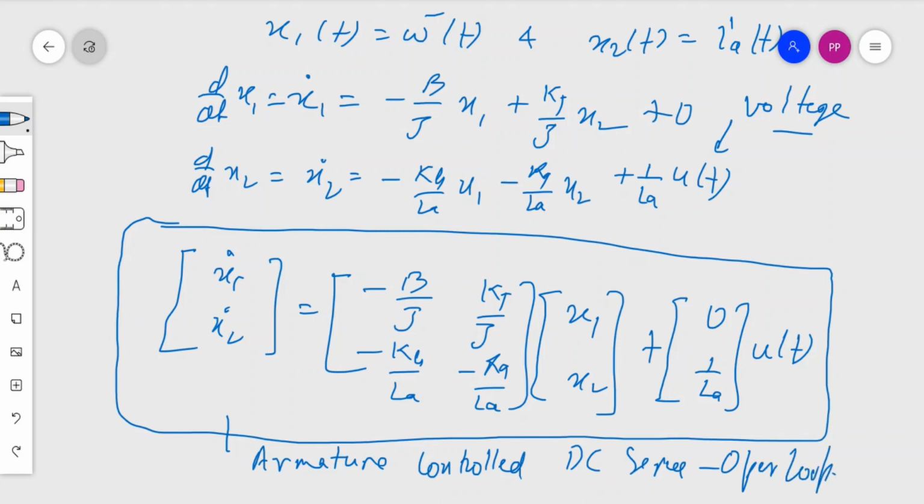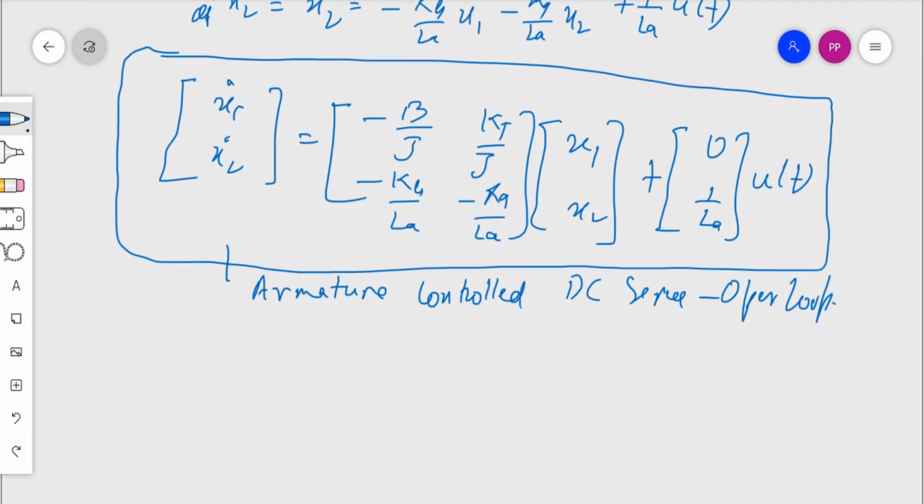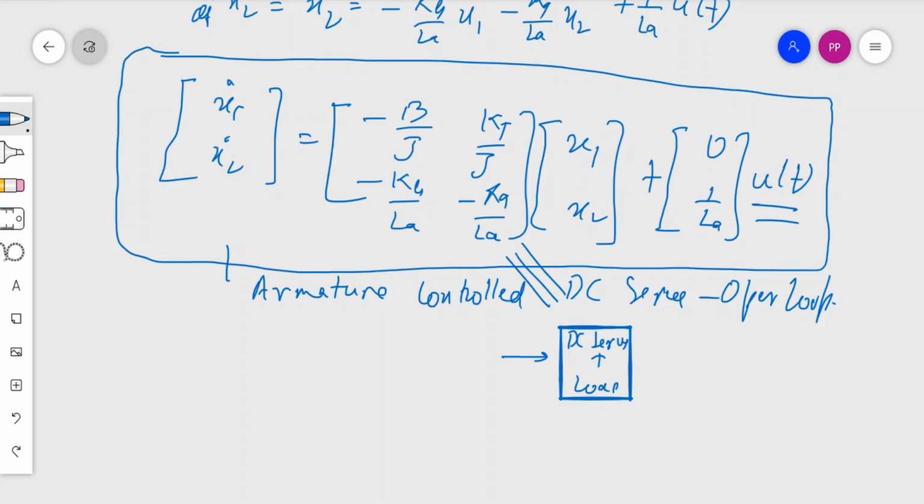You have to be careful about it because in the books the explanations and diagrams are sometimes not in parity. This is the part of a closed loop control system, that is DC servo plus load. So this is equivalent to this one, and here u(t) is entering the DC servo and you are getting the output as omega.